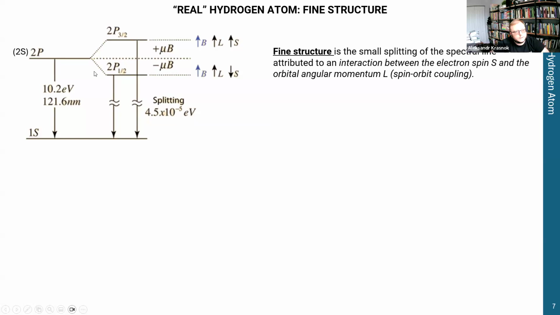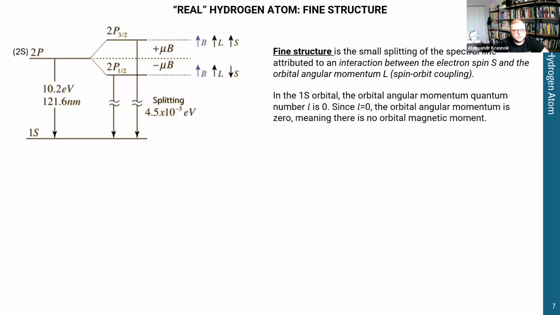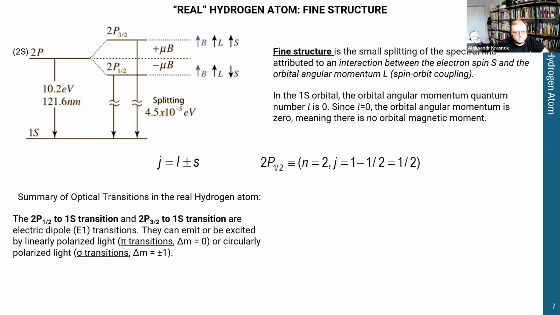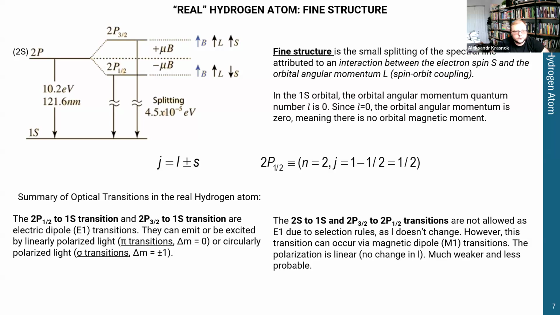This 2s also doesn't get this fine structure because L is equal to 0. But the allowed state is there, and this state can also interact with other states and lead to different types of transitions. So we also have these possible transitions from 2s to 1s.